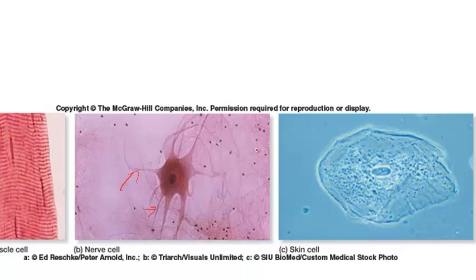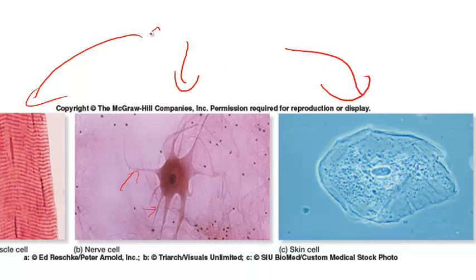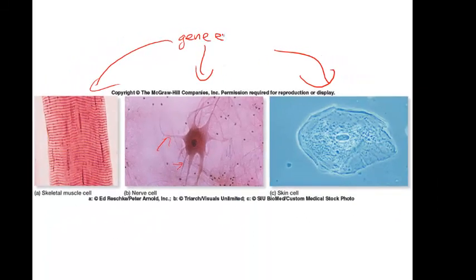And then here's a skin cell, different from the other two. A skin cell aids in protection, has a certain shape, and a certain arrangement of how it's packed together with other skin cells in order to act as a barrier. What allows all of these to be so different is not the genome, but differences in gene expression, which ultimately help establish the proteome.